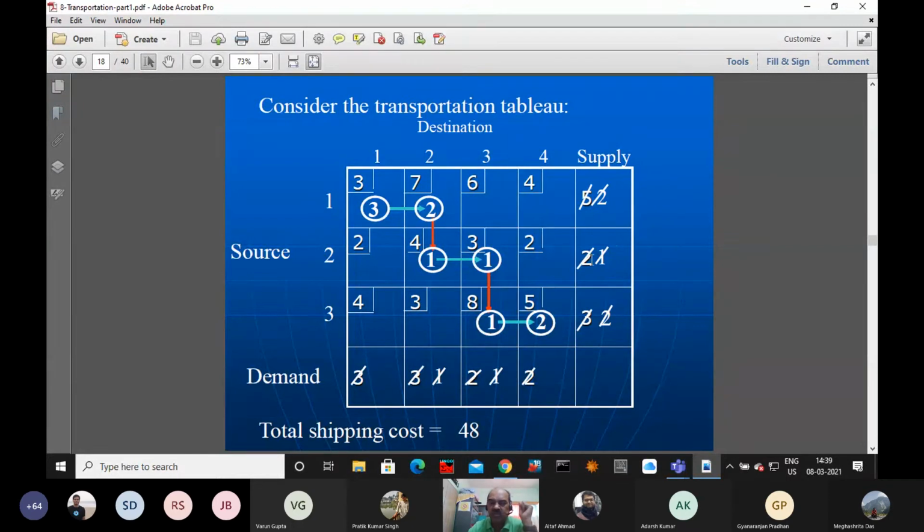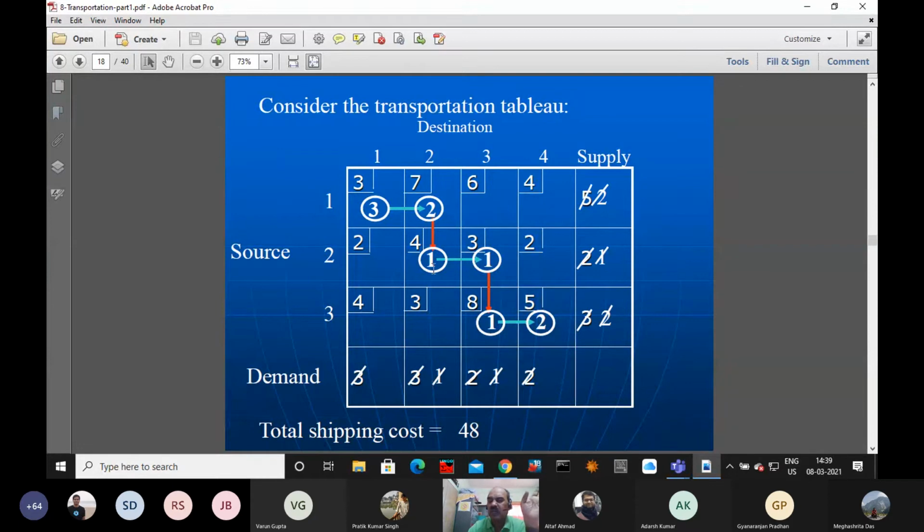Minimum of 2 and 1 equal to 1, so we are allocating 1. Now we can see this is 1 and this is 1. At a time we can only drop one of them, not both.